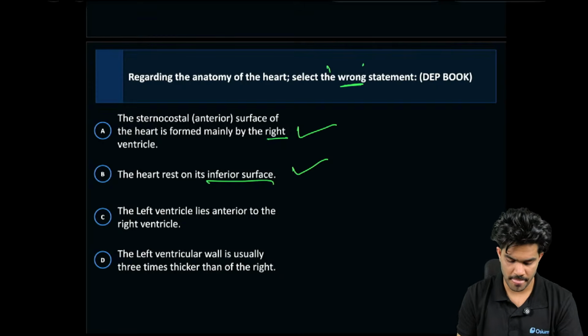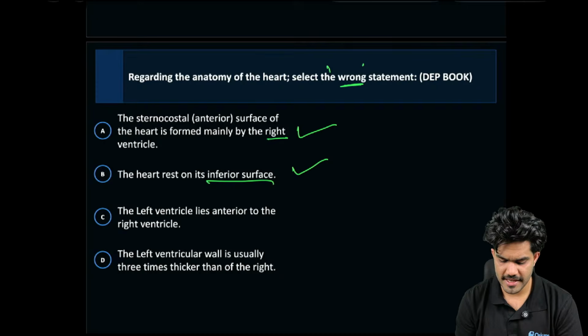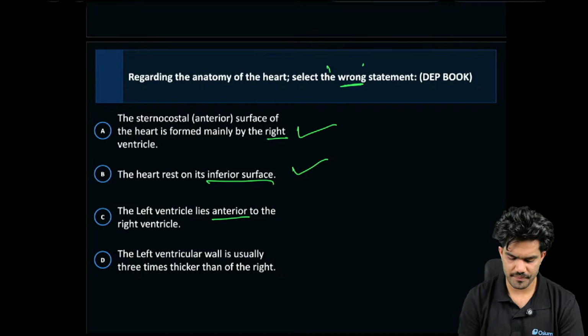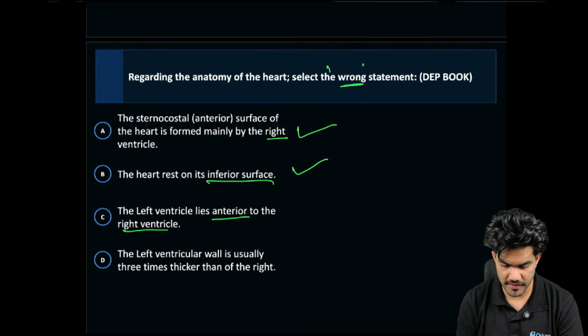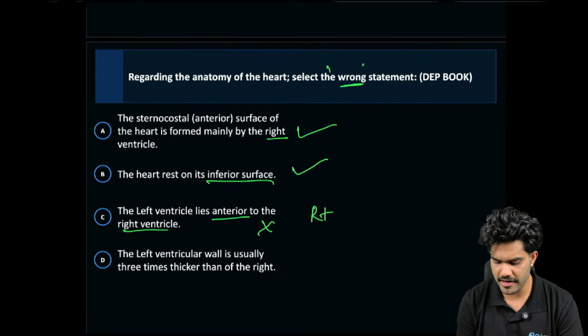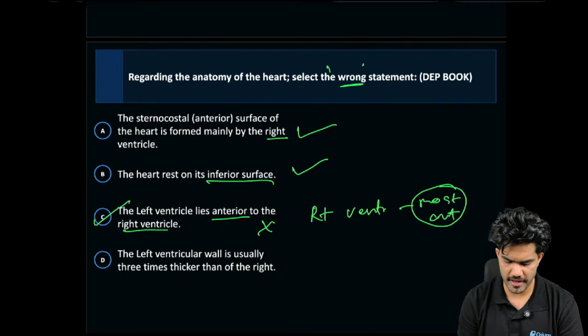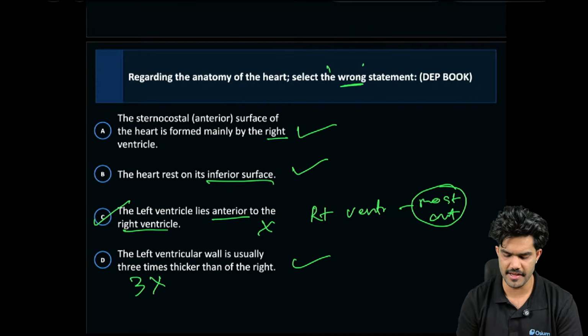The left ventricle lies anterior to the right ventricle. No. Who is most anterior? The right ventricle is most anterior. So this is the wrong answer. The left ventricle wall is usually 3 times thicker. Yes, it is thicker. So the wrong statement will be option C.